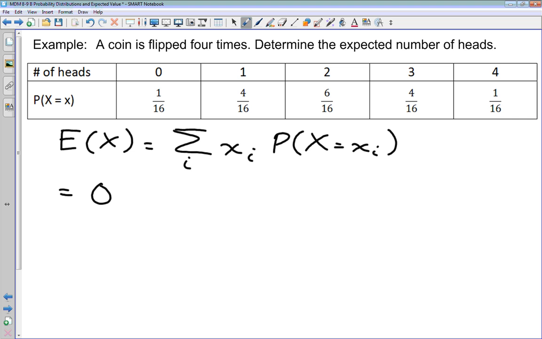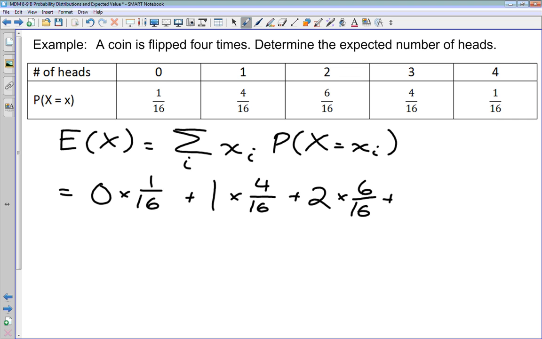So we're going to have 0 times 1 over 16, plus our next value, 1, times its probability, 4 over 16, plus our next value, 2, times its probability, 6 over 16, plus the next value, 3, times its probability, which is 4 over 16. And finally, our last possible value is 4 with a probability of 1 over 16.